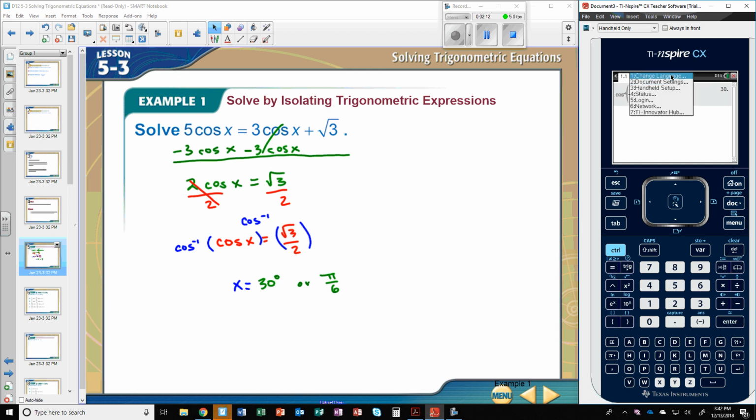If you're in radian mode, which you get there by pressing settings, going to document settings, and clicking here under angle, you change that to radian, make default, it would actually give you this value. Now that could be tricky because you're like, what is that in terms of pi? Well, pi is 3.14, so really you'd be saying 3.14 divided by something equals 5 point whatever.